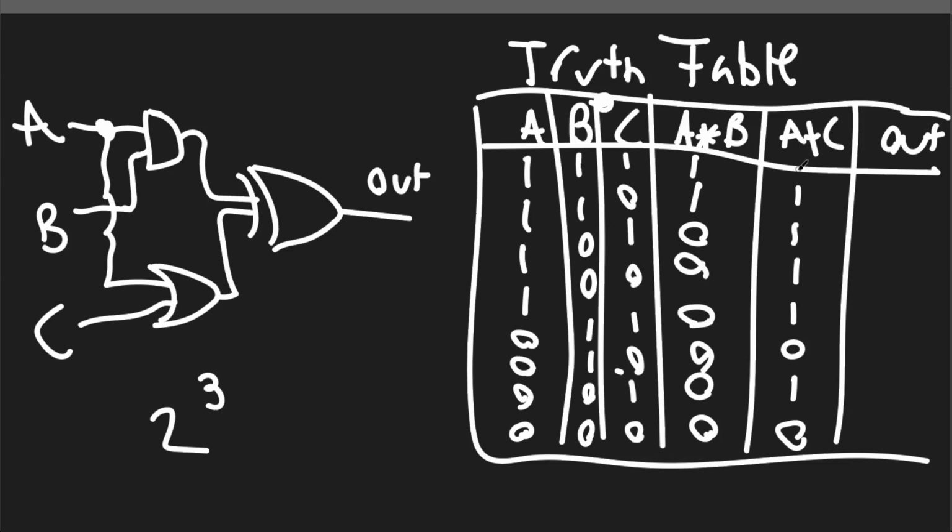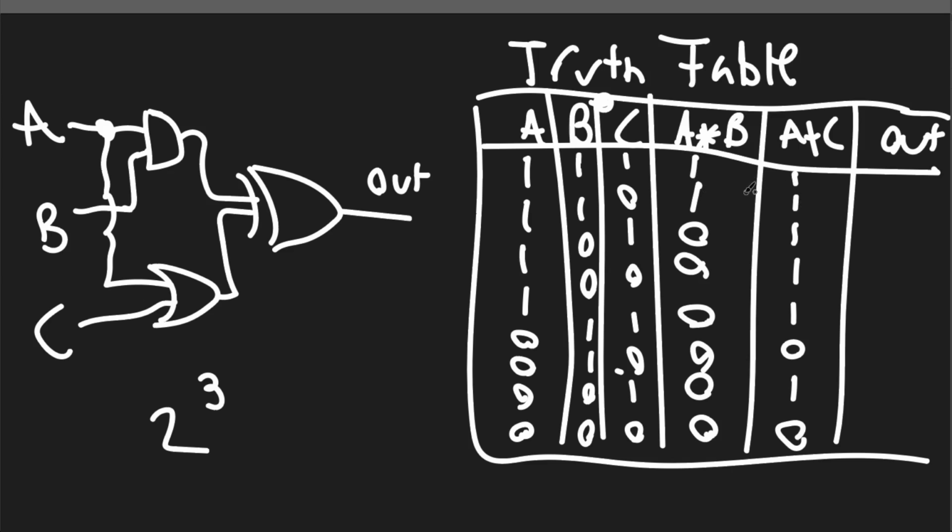That's not quite written the way I want it to be, so I'm just going to rewrite that. Okay, so the last column is the XOR gate. We'll take our A and B XOR our A or C. Since this is an XOR gate, we have to have either one or the other.